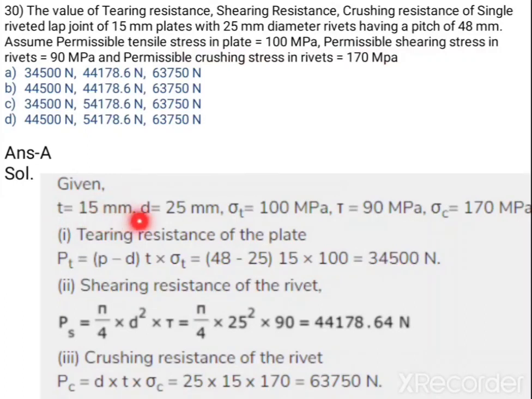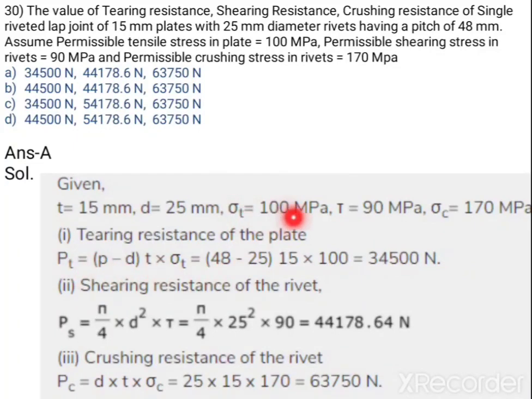t is equal to 15 mm, d is 25 mm, sigma t is given as 100 megapascal, shear stress is 90 megapascal, then crushing stress is given as 170 megapascal. You have to just calculate the tearing resistance of the plate. For tearing resistance of the plate, put the formula here. Just put the values in the formula: P minus d into t into sigma t is the tearing resistance.